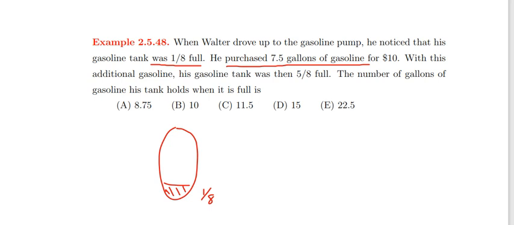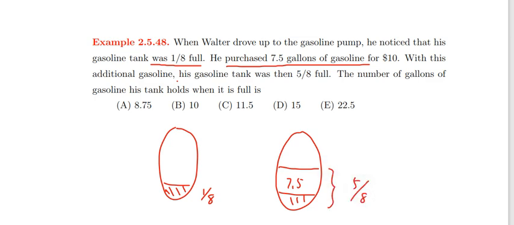So with the additional gasoline, we have 1/8, then added 7.5. So by now it becomes 5/8. We want to find the number of gallons of gasoline his tank can hold.